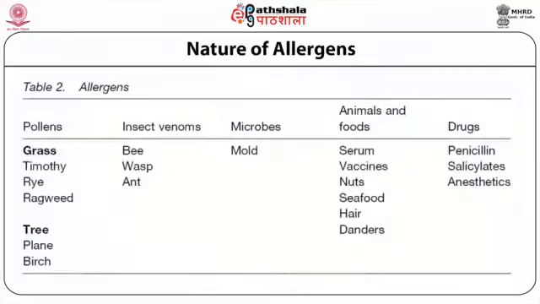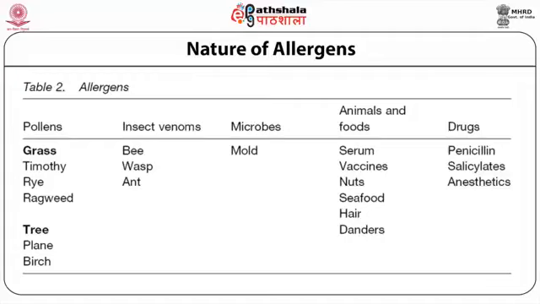This table lists the variety of allergens which commonly cause allergic reactions. Broadly classified, allergens can be pollens, they can be insect venoms, they can be of microbial origin.